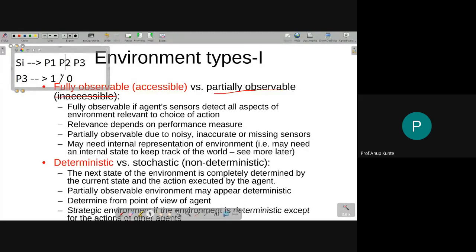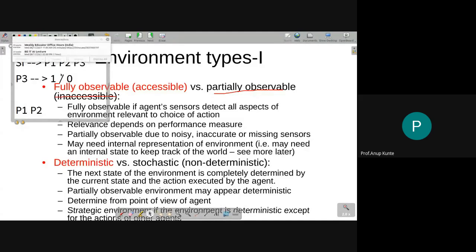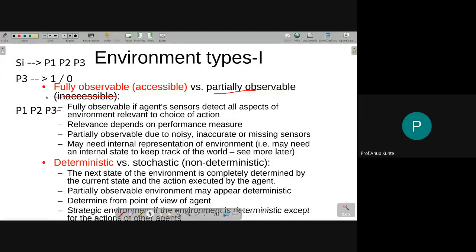Then, since I know the values of P1 and P2 with accuracy, there is no issue for P1 and P2, but P3 equal to 0 will give me one state of affairs of the system, and P3 equal to 1 could be the other state of affairs of the system.